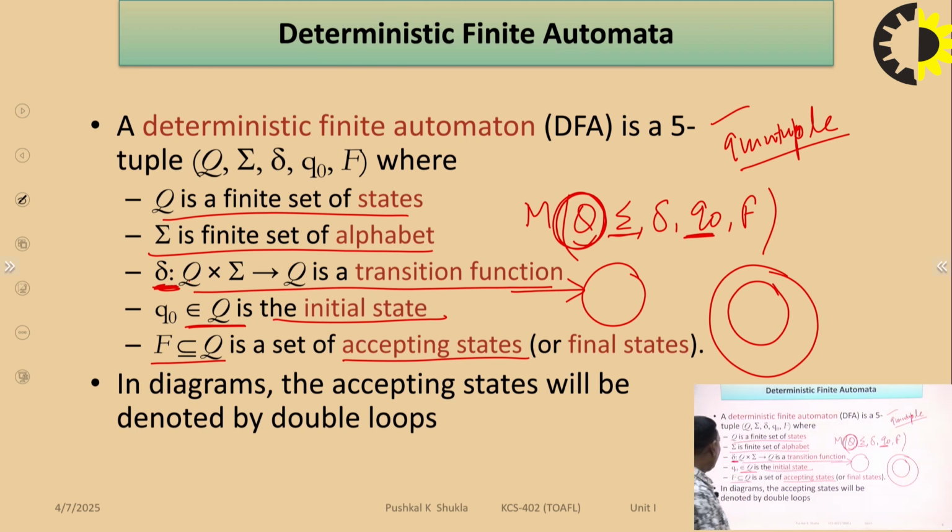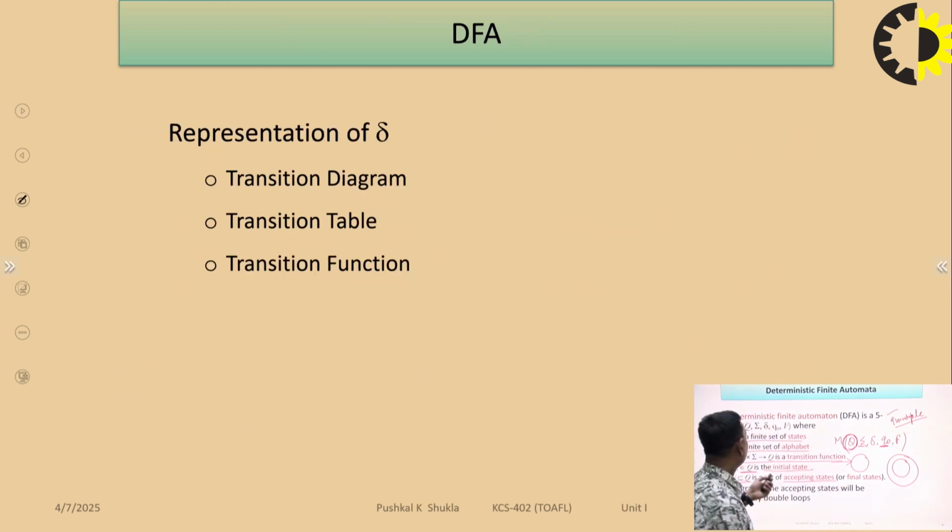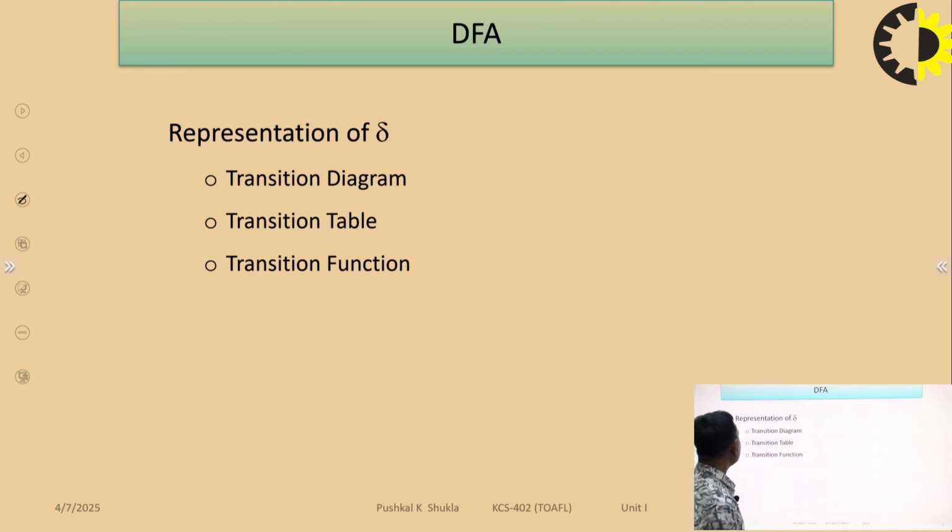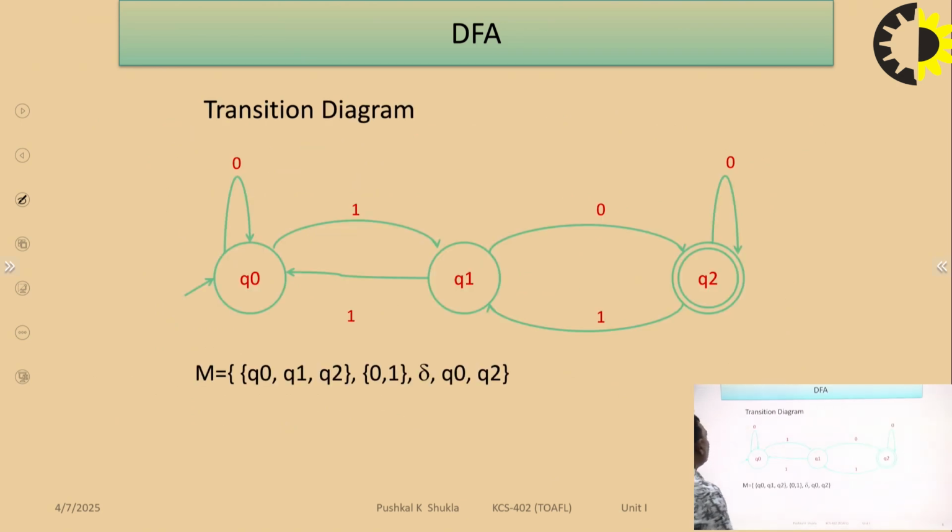So here we see the tuples one by one through the examples. For example, this is a state Q naught.